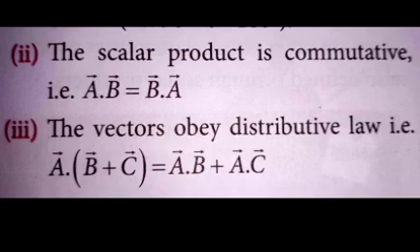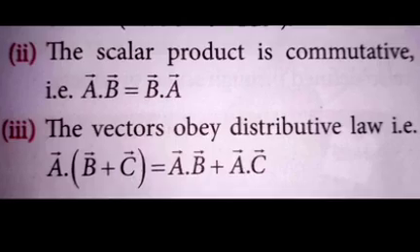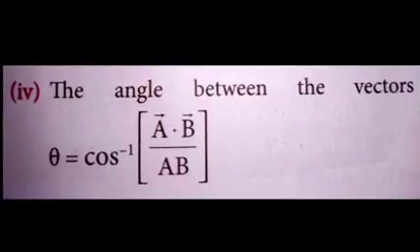What is the distributive law? On the left side, a vector dot b vector plus c vector is rearranged by multiplying a inside, and we get a vector dot b vector plus a vector dot c vector. This is called the distributive law. That means the distribution of the vector quantity over both b vector and c vector.